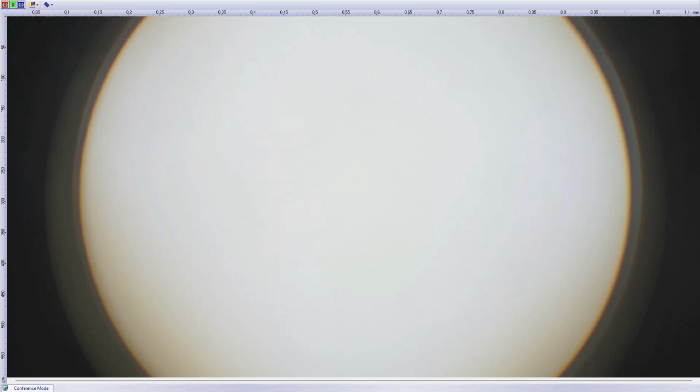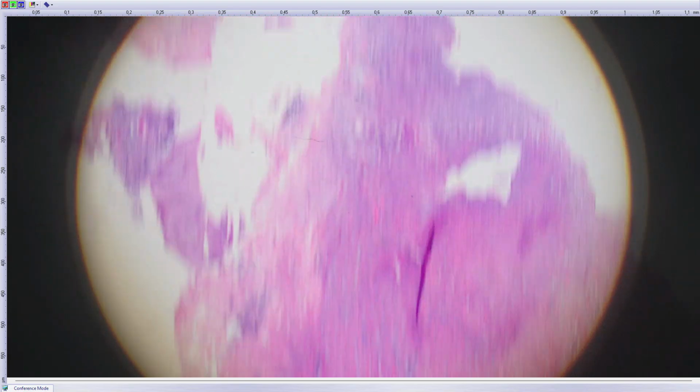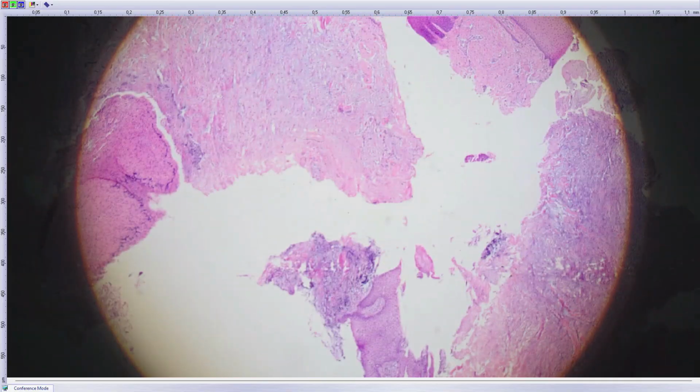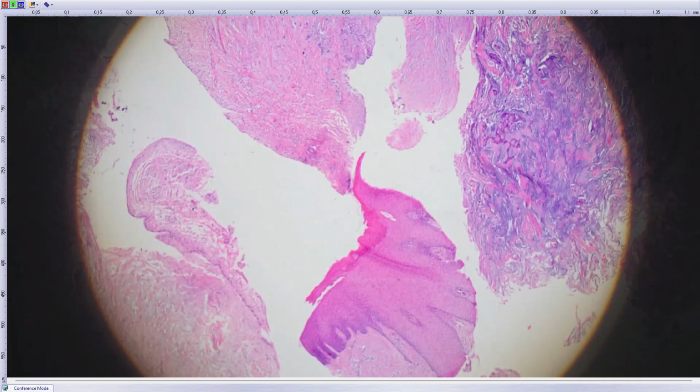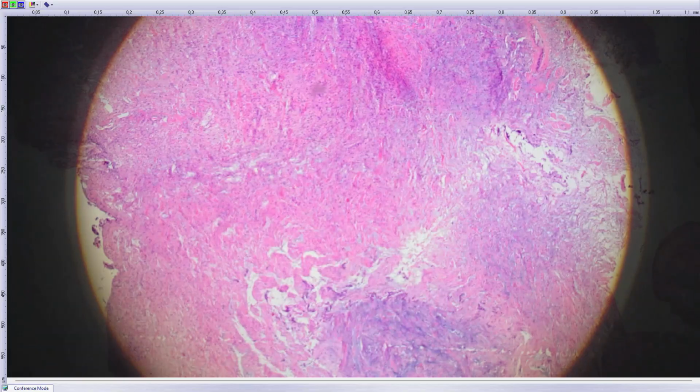Okay, next case was a 15-year-old boy with a tumor in his jaw. And we got this pretty hypocellular, fibrous, partially myxoid tumor. Some squamous epithelium on the surface.